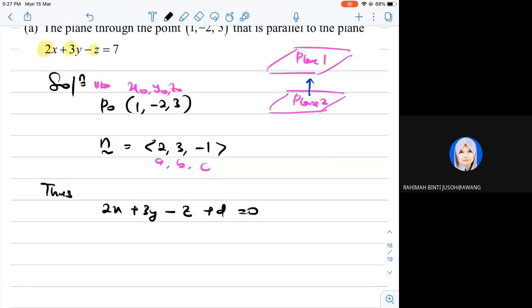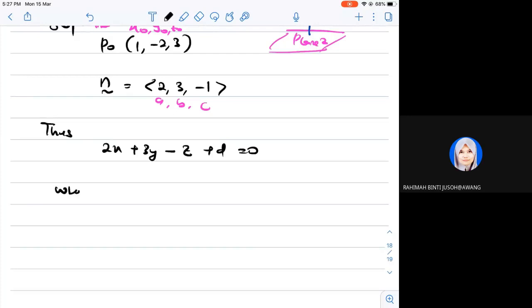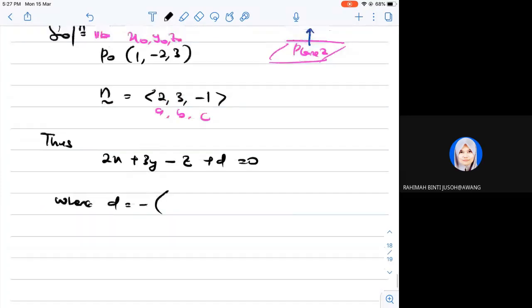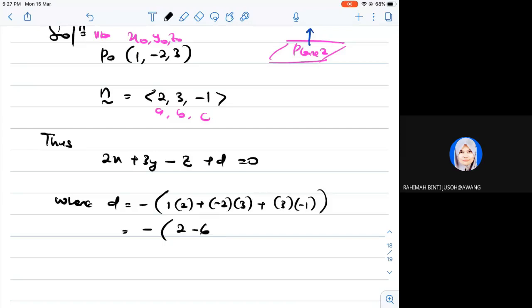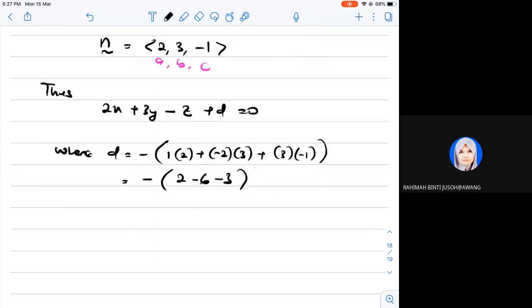Plus d equals to 0 where d equals to negative ax0, 1 times 2 plus negative 2 times 3 plus 3 times negative 1. So we will have negative 2 minus 6 minus 3. So 2 minus 6 is negative 4 minus 3 negative 7, positive 7 isn't it?